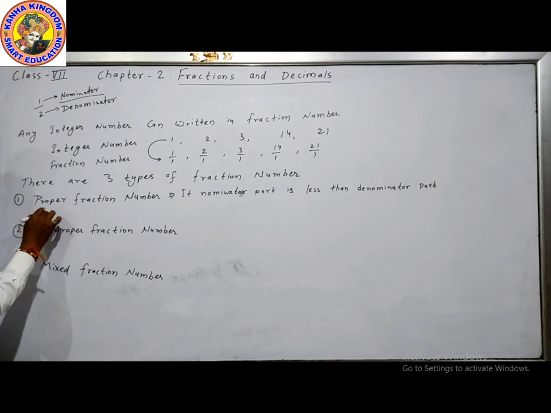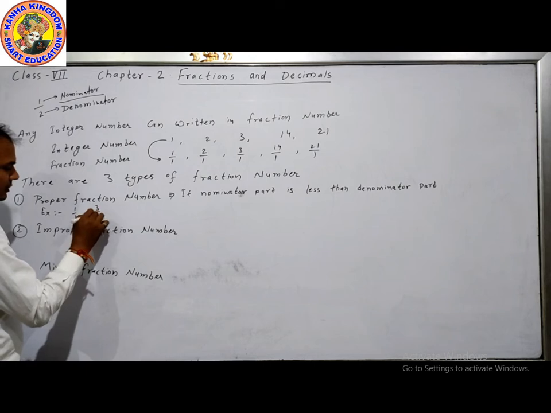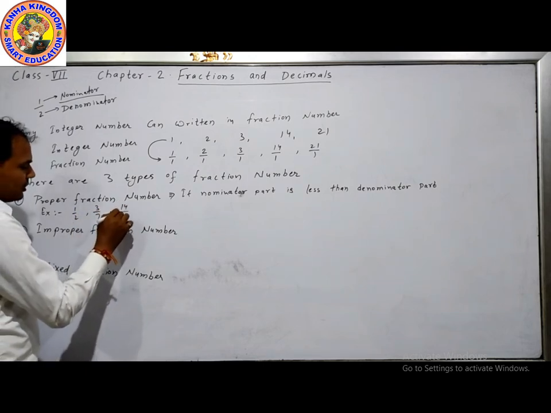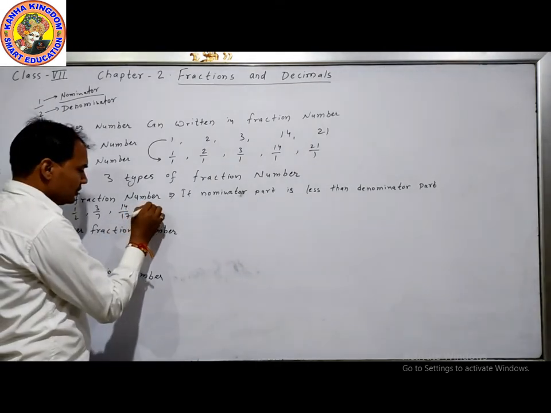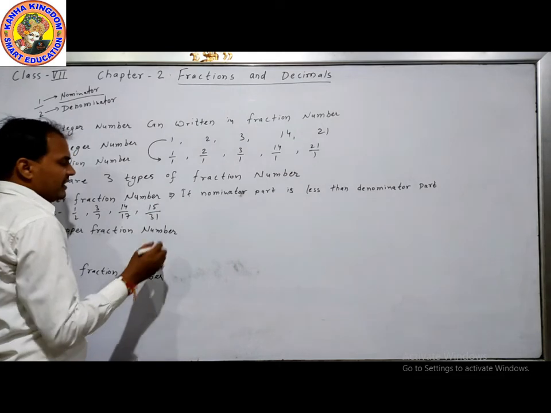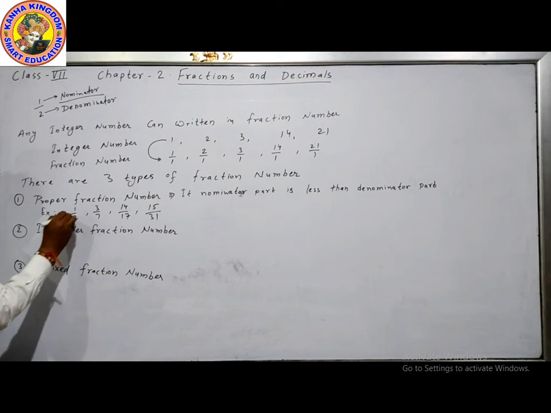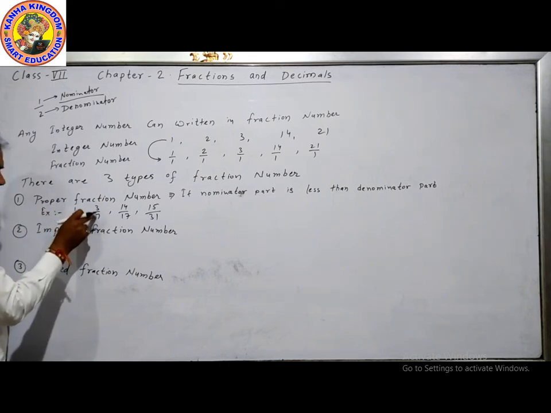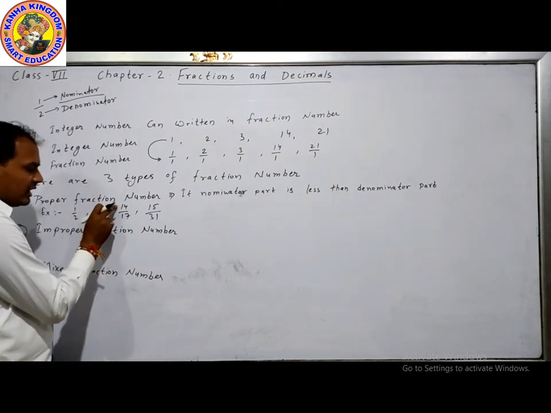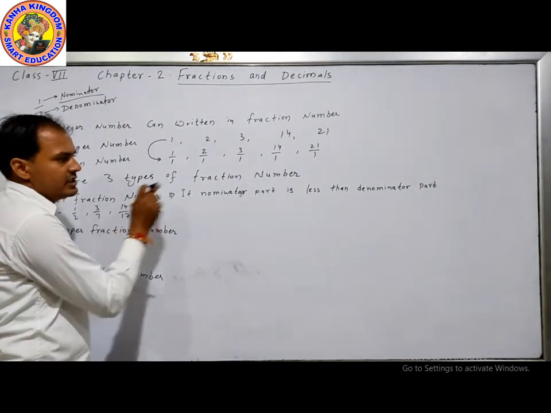For example, 1/2, 3/7, 14/70, 15/31, etc. In these numbers we see the numerator part 1, denominator part 2, numerator part is less. 3 and 7, numerator part is less. 14 and 17, numerator part is less. 15 and 31, numerator part is less.